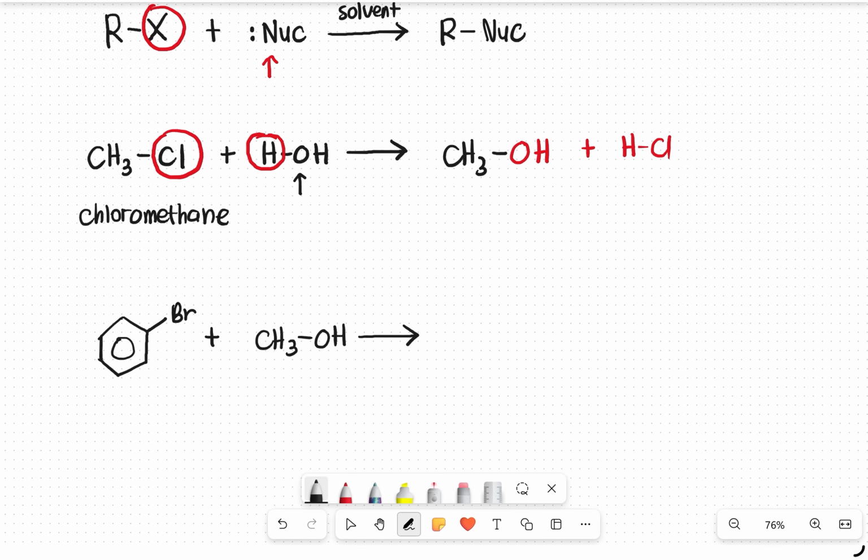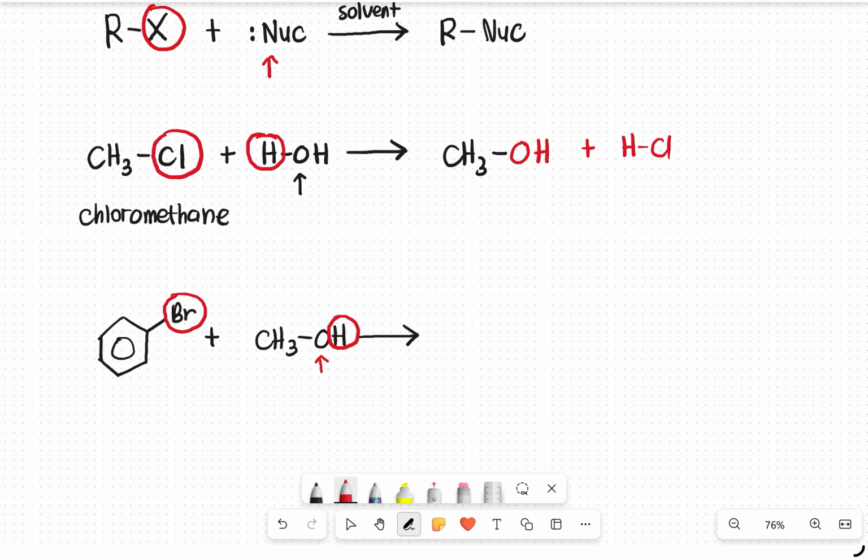If it is alcohol, which one do you need to remove? For alcohol, you need to remove the H attached directly to O. It is not any H, it must be H attached to O. For alkyl halide, the halogen must be removed. Now you combine it, but it must be attached to O. This one will attach to the alkyl.